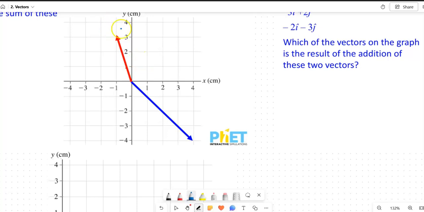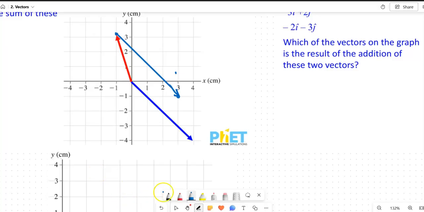So starting here, I'm going to add the blue vector to this. And it's going to go to the right 4, 1, 2, 3, 4, and it's going to go down 4, 1, 2, 3, 4. So this is the blue vector right here.